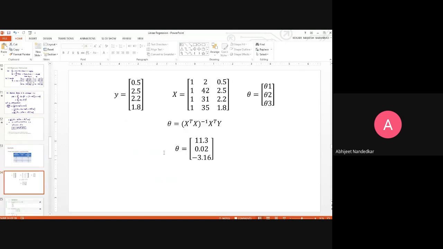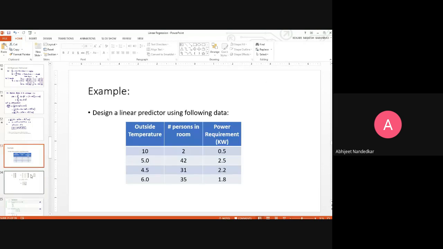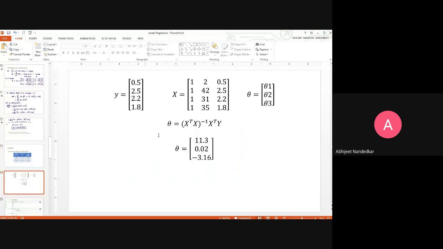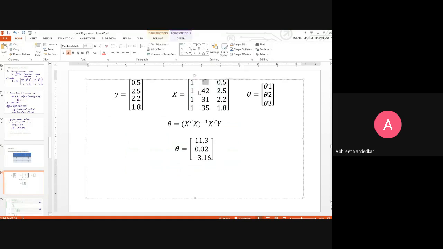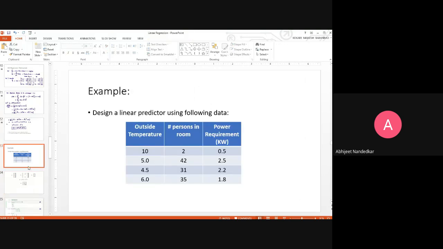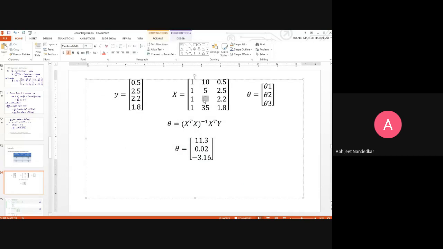Then you have this X matrix. The first column is 10, 5, 4.5 and 6.